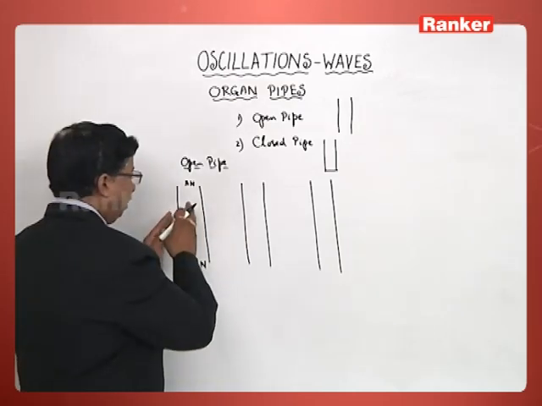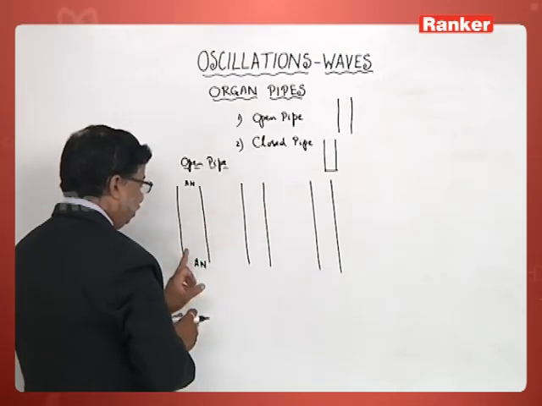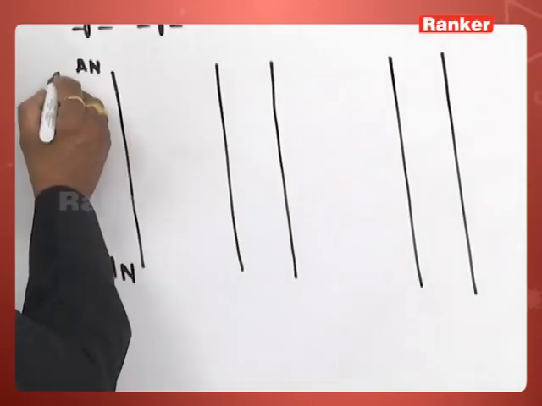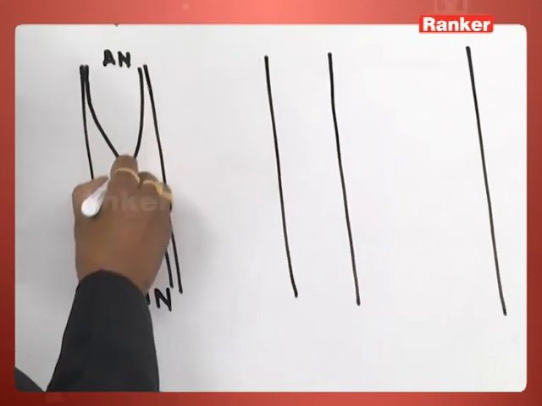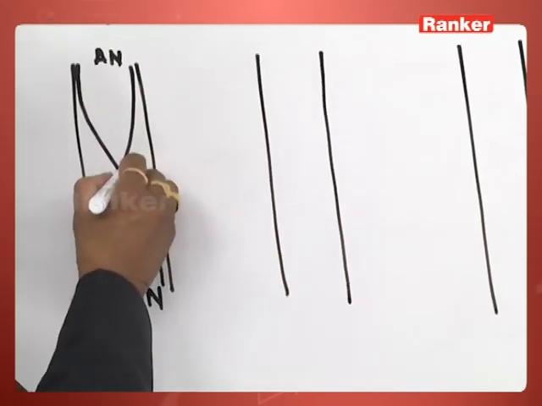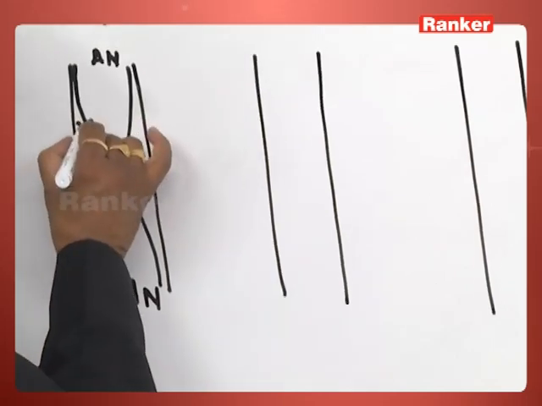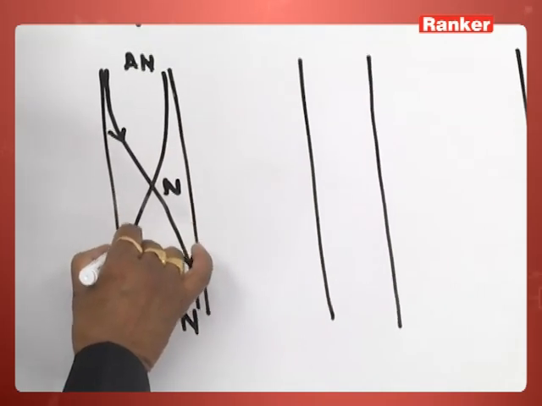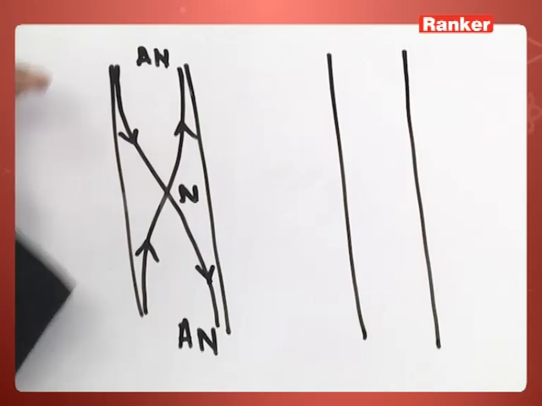That means we find an antinode formation here and an antinode formation here, and as a minimum one node must be there in between these two. This must be the node, and the wave entering this way goes like this and reflects back to form a node in between these two antinodes.